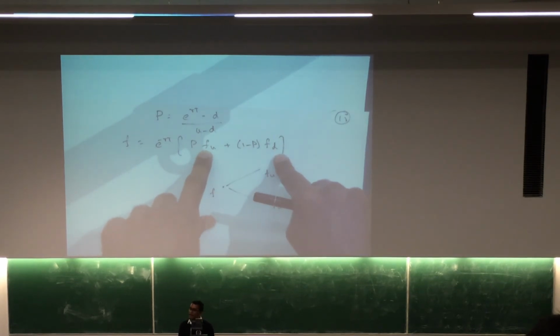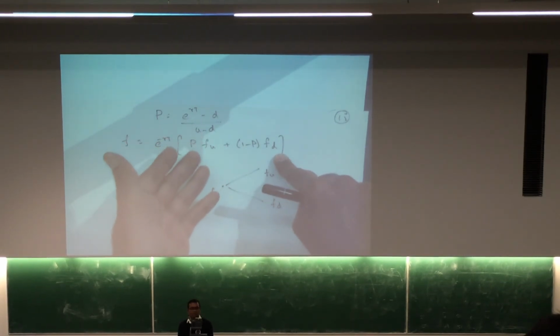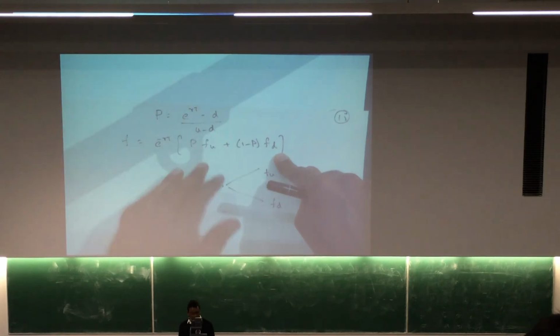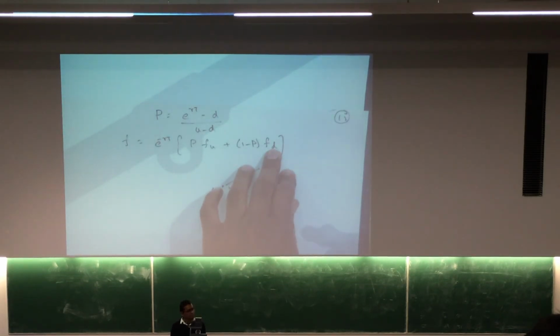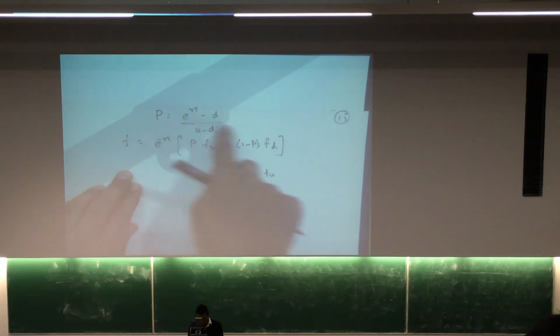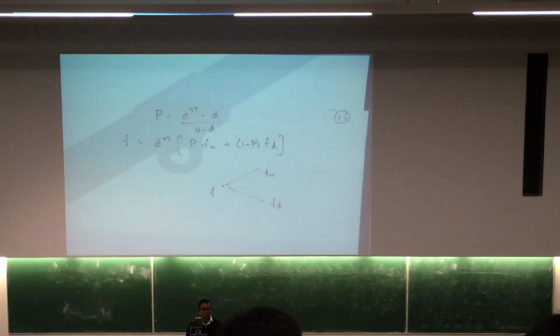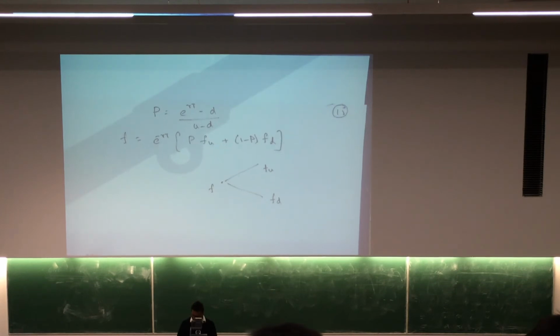FU value, FD value, basically the value of the option when things are moving up, the value of the option when things are moving down, and you know how to calculate the P value by using the given information. So by simply substituting the values, you can find the value of the option when time equals 0. That is the aim of the valuation of the option.